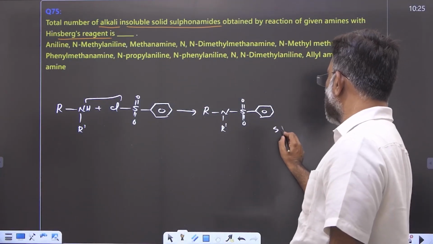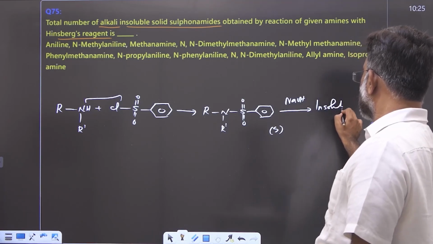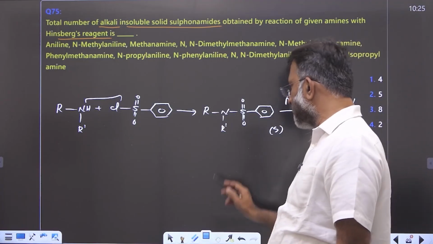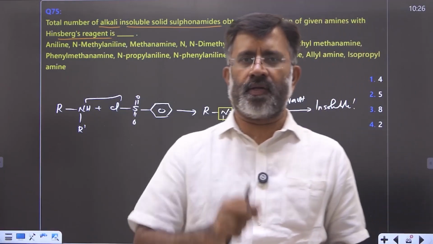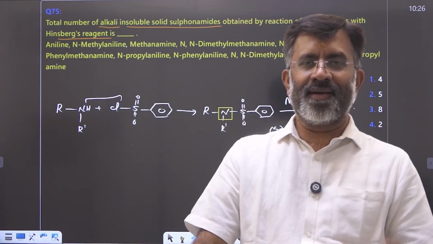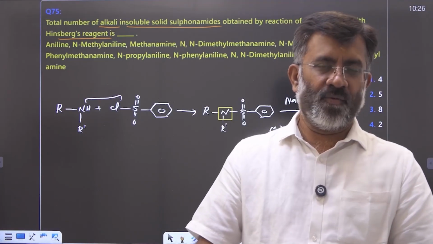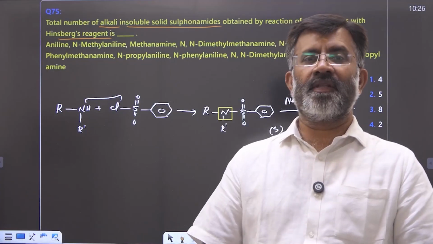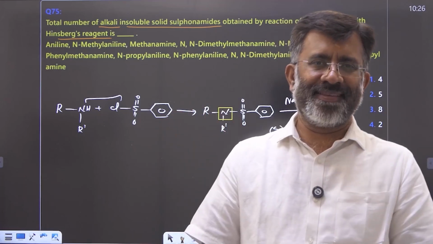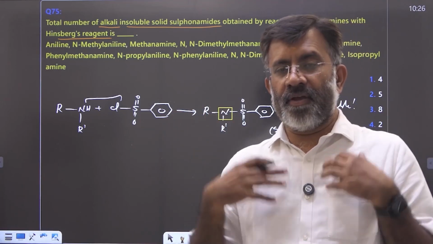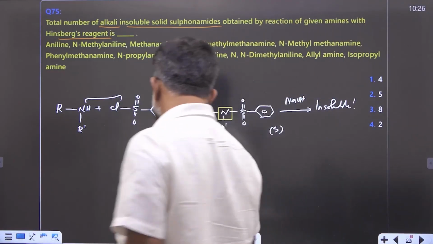This is a solid product and this is insoluble in alkali because over here you don't have an acidic hydrogen. That nitrogen lacks any acidic hydrogen. Suppose it was primary amine, there would have been one hydrogen, and that acidic hydrogen makes it soluble in alkali. While here, secondary amine, when treated with the Hinsberg reagent, you get a solid product and that is insoluble in alkali. Is it clear? So we want to identify from the given list how many secondary amines. That is our question.